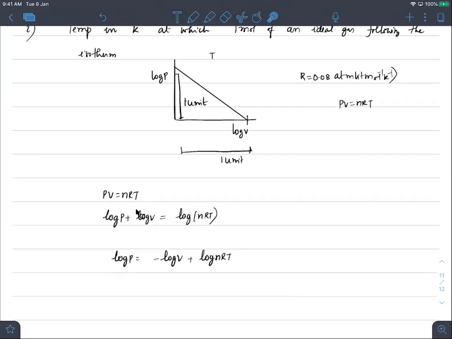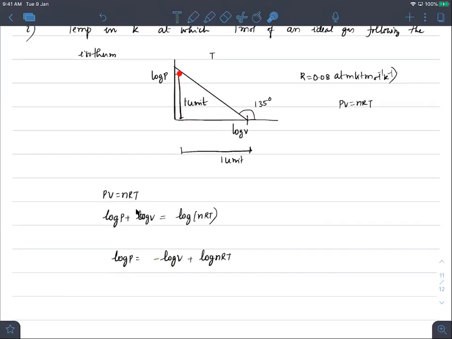And it is pretty clear that the slope is -1, which is also clear from the graph because the angle here is 135. This side it is the same amount, that side it is the same amount, so the angle has to be 45 here, so then it has to be 135. That's why the slope is -1.